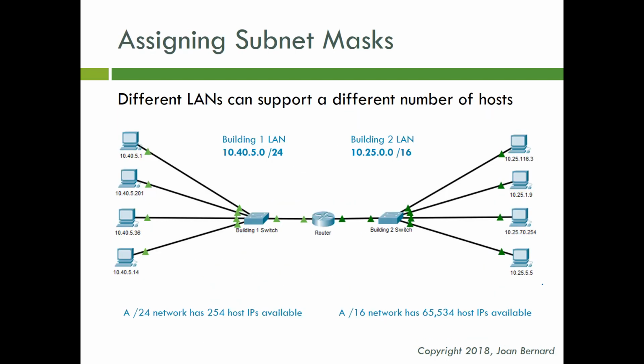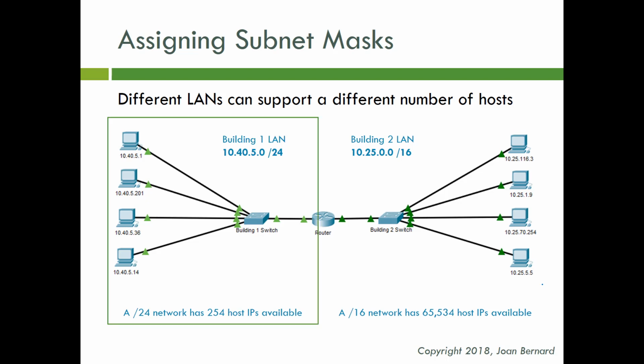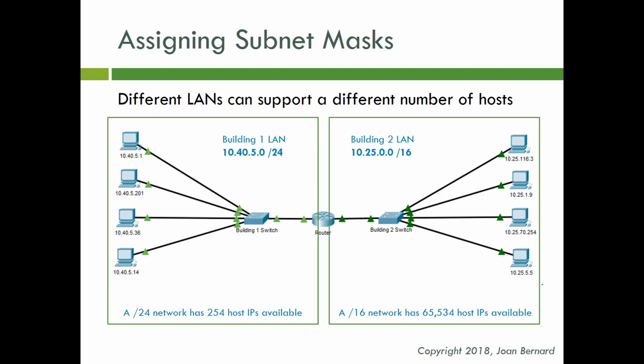Different LANs can support a different number of hosts. The subnet mask determines how many IP addresses can be used in a network. For example, a /24 network has 254 host IPs available. A /16 network has 65,534 host IPs available.